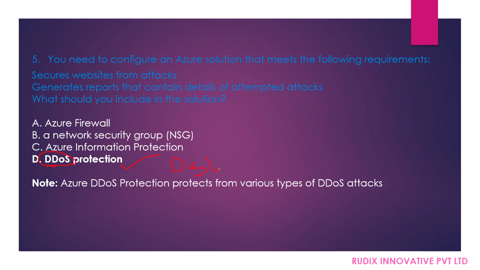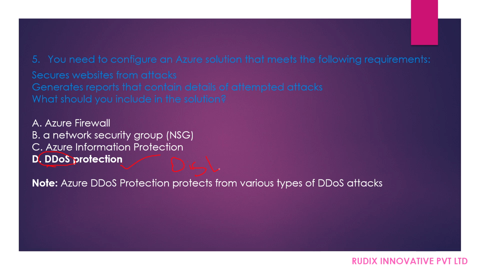Azure DDoS Protection includes monitoring and reporting capabilities that can generate reports containing details of attempted DDoS attacks, including information about the attack types, traffic patterns, and mitigation actions taken. These reports help in analyzing attack trends, identifying potential vulnerabilities, and improving overall security posture.